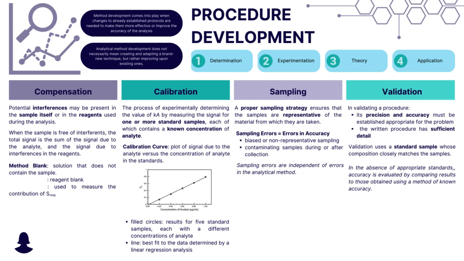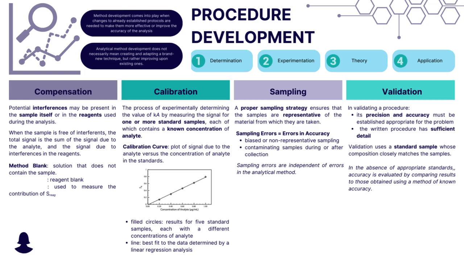Calibration is the process of experimentally determining the value of Ka by measuring the signal for one or more standard samples, each of which contains a known concentration of analyte. When using several standards with different concentrations of analyte, the result is best viewed visually by plotting SA versus the concentration of analyte in standards. Such a plot is known as a calibration curve.